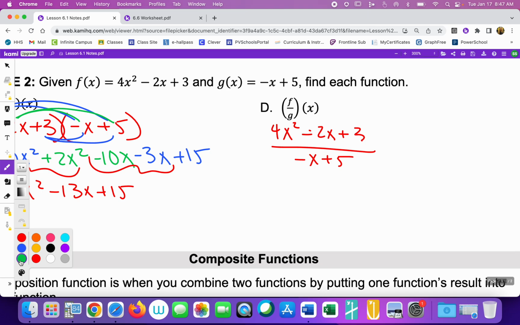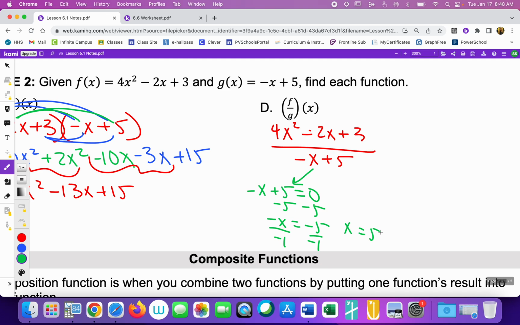So if you can't do that in your head, off to the side somewhere, set this equal to 0 and isolate x. You would subtract 5, negative x equals negative 5. Divide by negative 1, that would be 5. So you would tack that onto your answer. X cannot equal 5, because that would make the denominator equal 0.